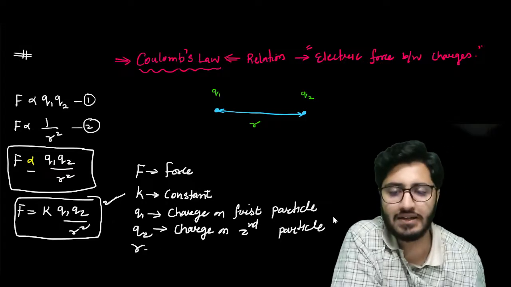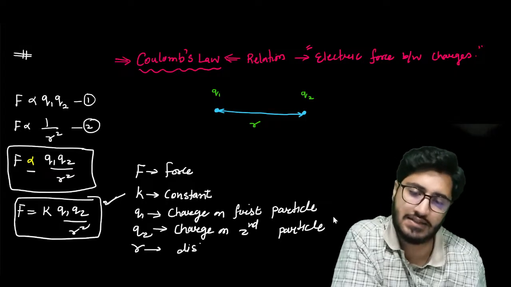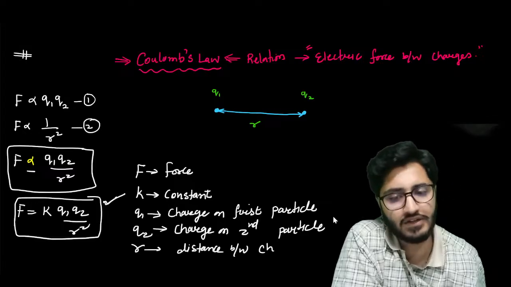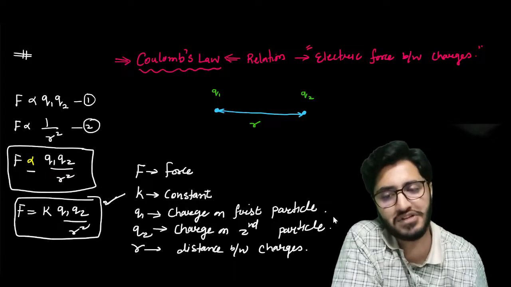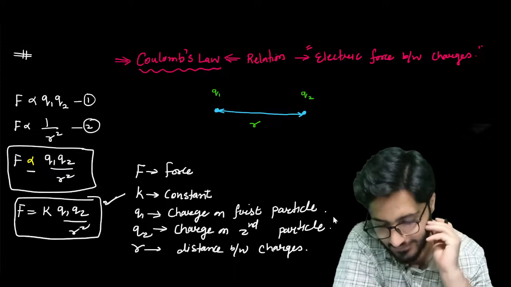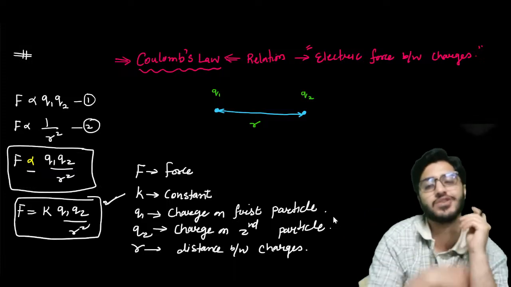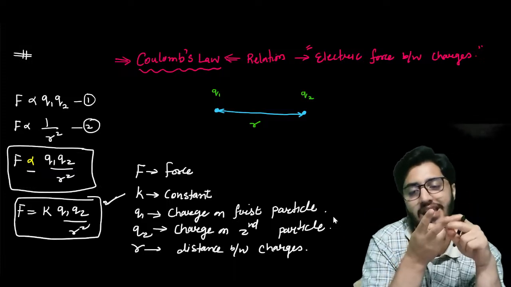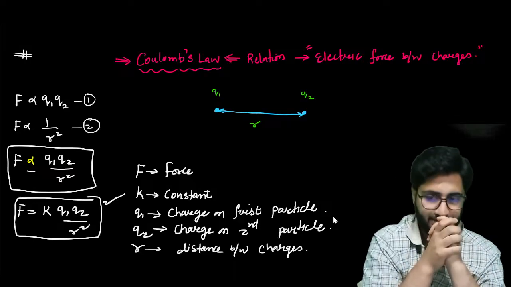What is R? Distance between charges. So if you have to write this in your examination, you have to define it like this: what is F, what is K, Q1, Q2, and R. Done?